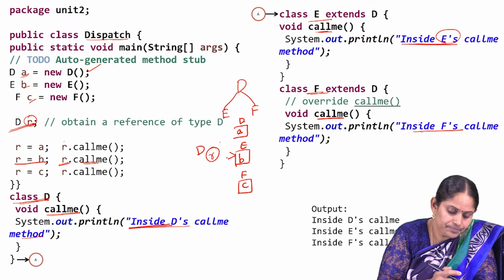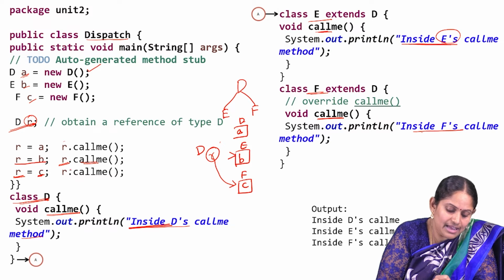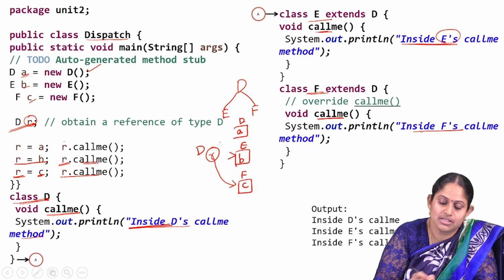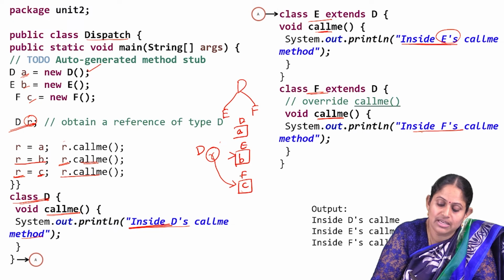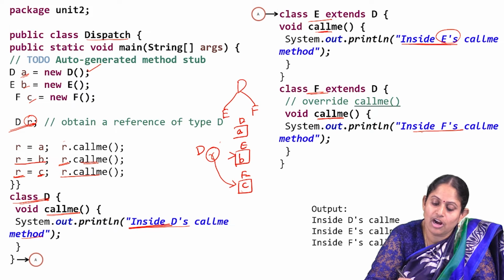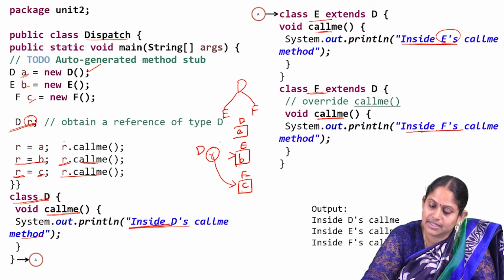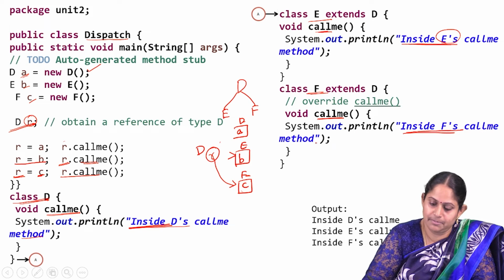Next we have R made to point to C. So R is pointing to the C object, and you are invoking callme. Since R is pointing to the C object of class F, R.callme will invoke the callme inside F, which prints the inside F's callme statement.